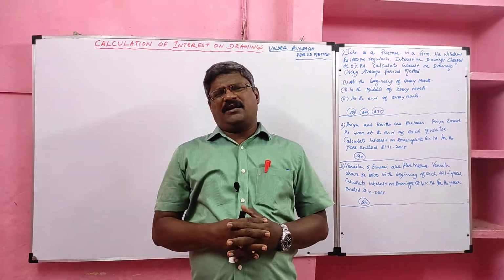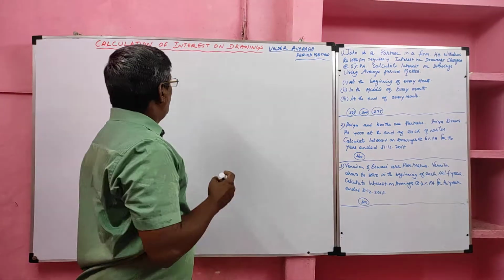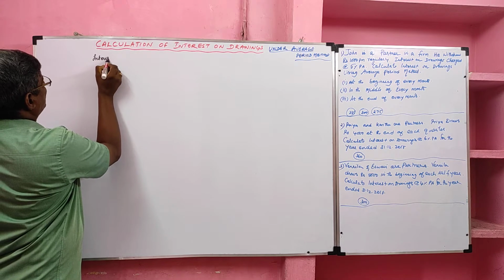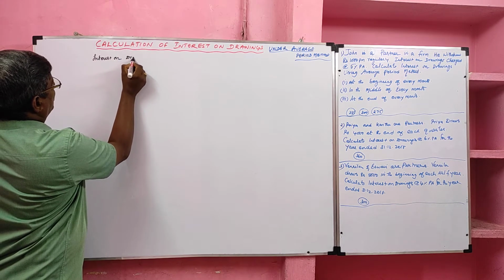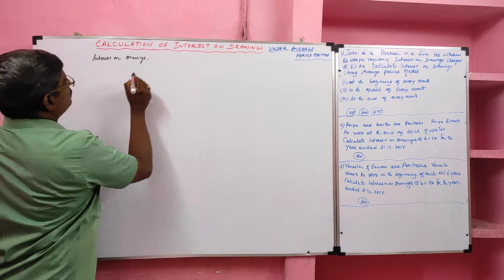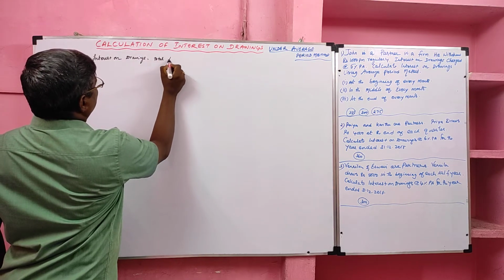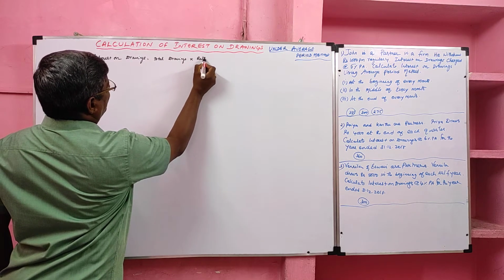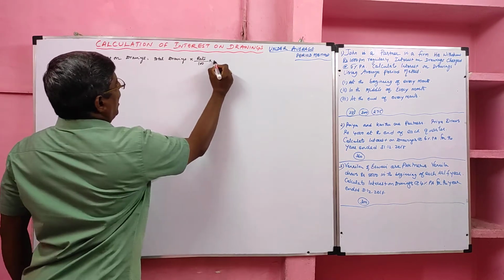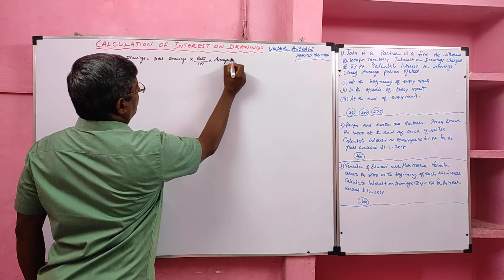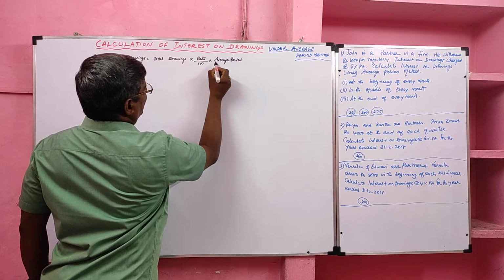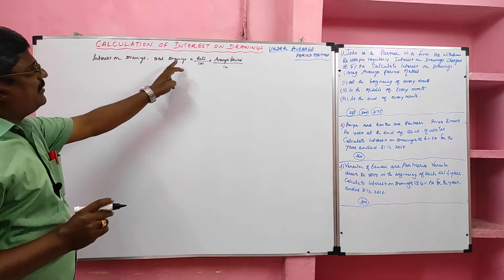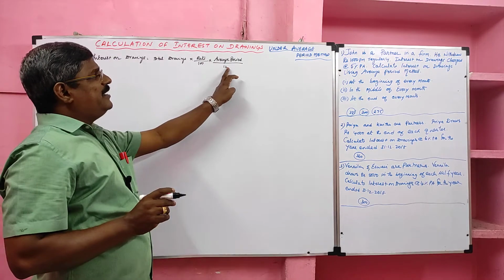For the average period method, the formula is interest on drawings equal to total drawings into rate by 100 into average period divided by 12.